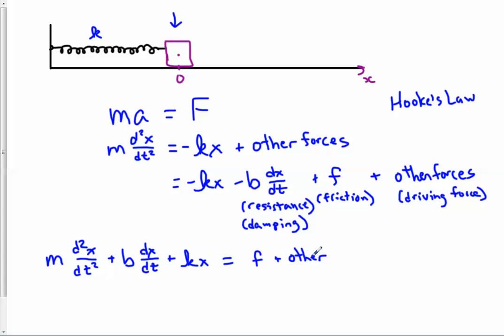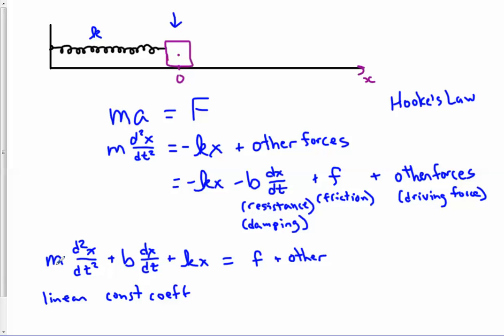It would be dependent on t, but it would presumably not be based on x. Okay, so this is a nice standard form for a second-order differential equation, and we see that it is the kind that we've been studying. It's linear, and it's constant coefficient. M, B, and K are our coefficients.